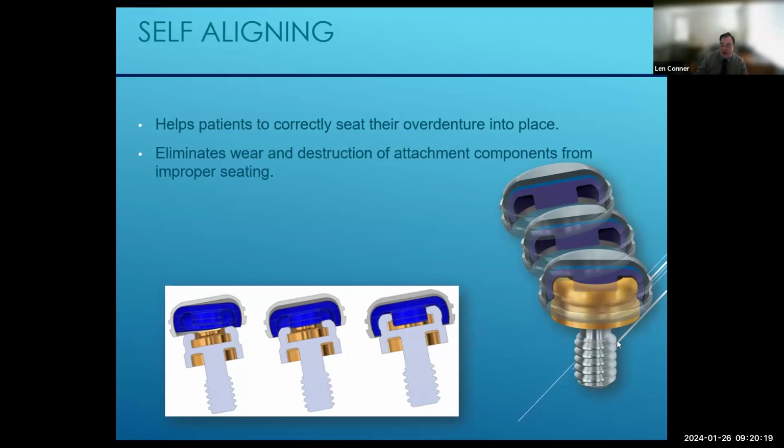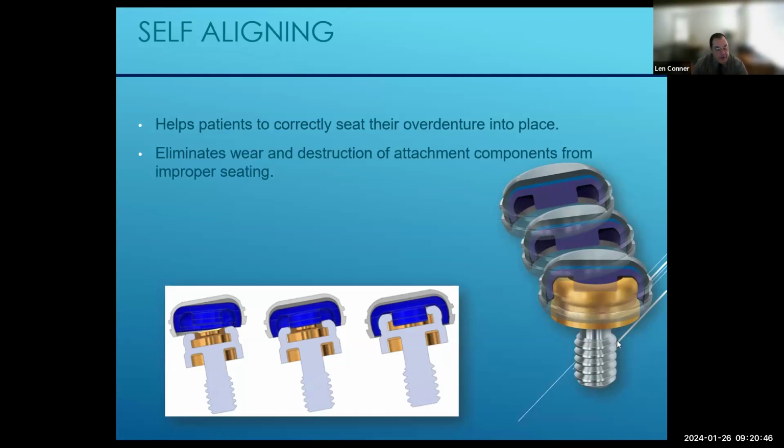Additionally, the self-aligning portion is where it really became a big advantage for us in the overdenture world. The patient can get the denture pretty close and then snap it into place. Whereas some of those other components, like the Dalbos or the balls, you have to get those pretty much lined up all the way and then push them down straight. They're not going to self-align. So a great opportunity for that.